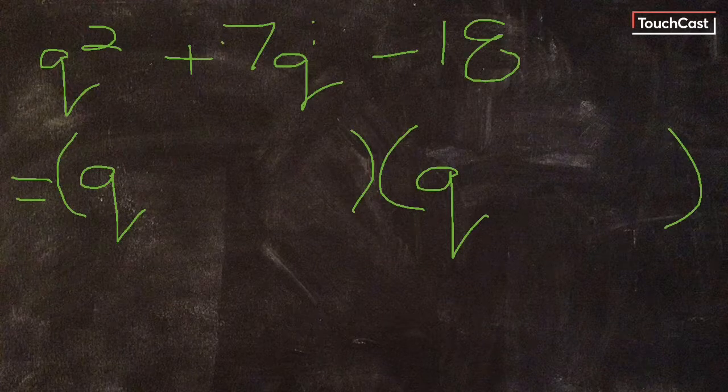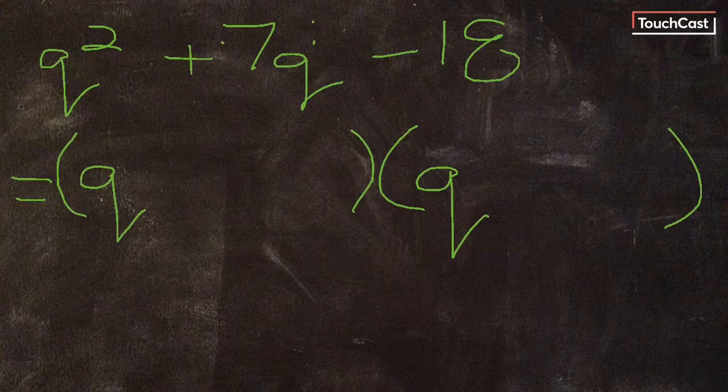So I look at my different numbers that multiply. 6 times 3, well, no, that doesn't add together to give me 7. 18 times 1, no, that doesn't add together to give me 7. 9 times 2, 9 minus 2 will give me 7.